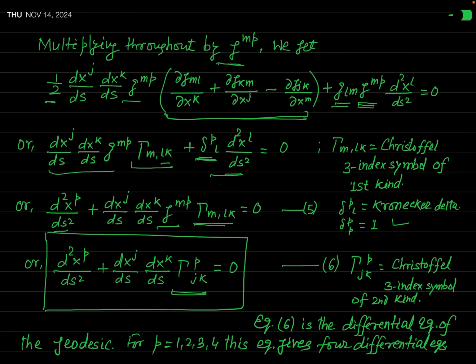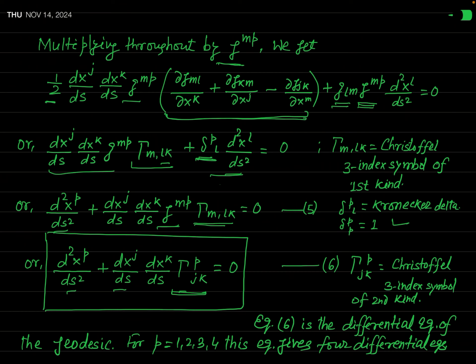So finally, we get a differential equation: d²x^p/ds² plus dx^j/ds times dx^k/ds times the Christoffel symbol of the second kind gamma^p_{jk} equal to 0.